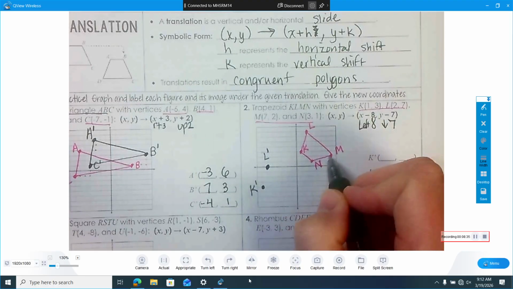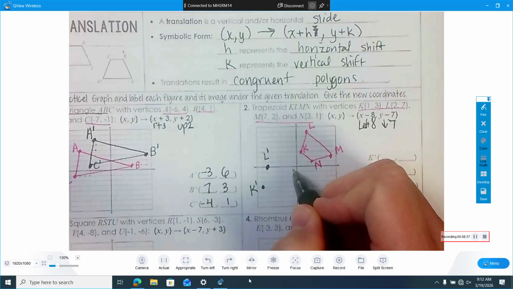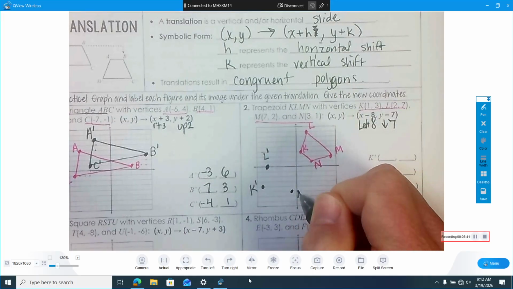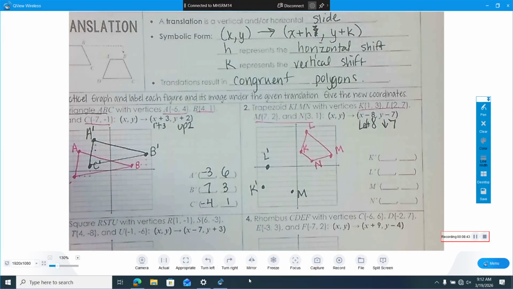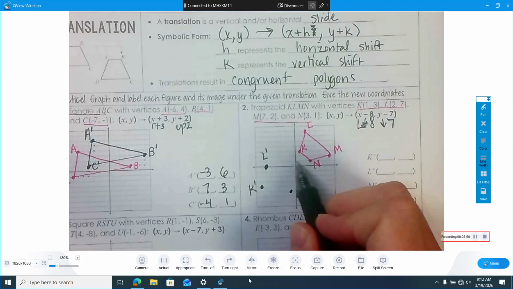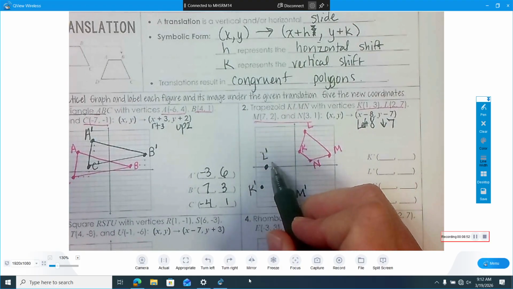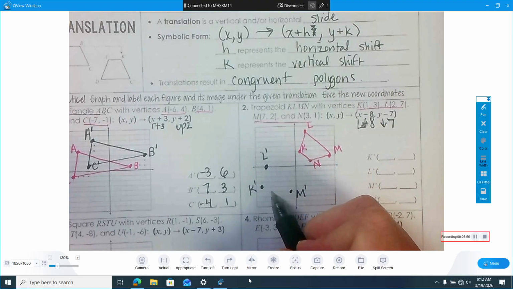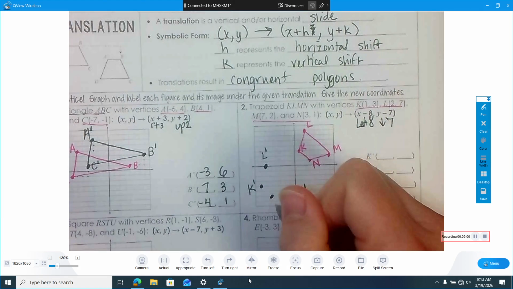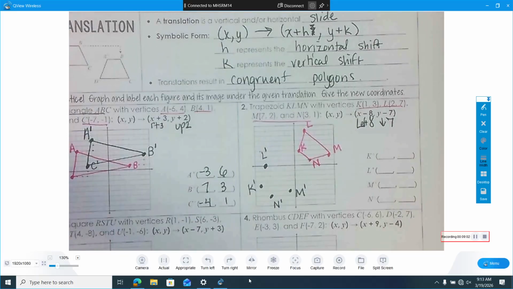Oh, 8, that's right. And 1, 2, 3, 4, 5, 6, 7, down 7. So there is M prime. And N. 1, 2, 3, 4, 5, 6, 7, 8. And then down 7. 1, 2, 3, 4, 5, 6, 7. N prime.